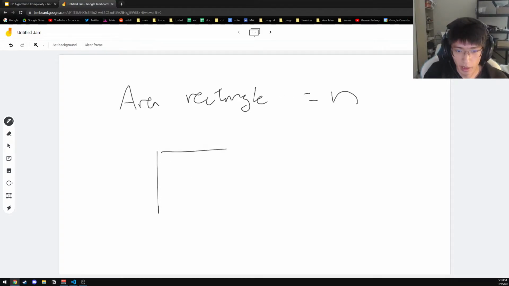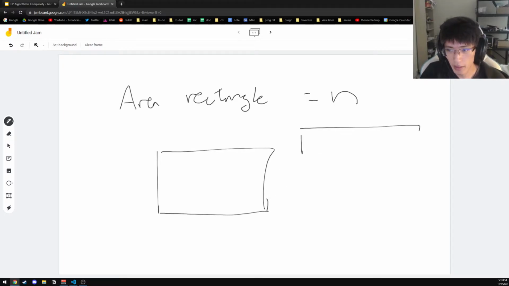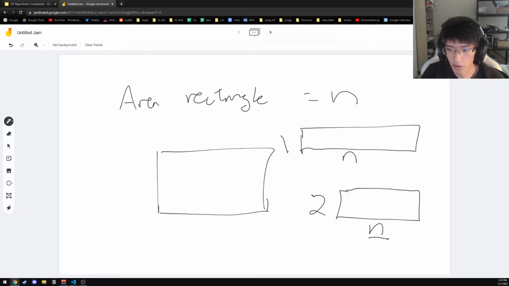So you have this hypothetical rectangle, and the smallest rectangle this can be is going to be 1 by n. And this is always when it's a prime case. But the next biggest one is going to be when you have 2 and n over 2. So the largest number that can be a factor of n is going to be n over 2, right?